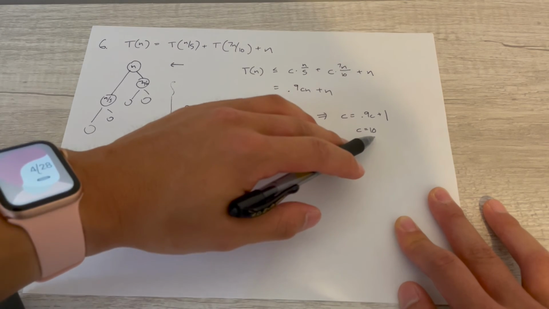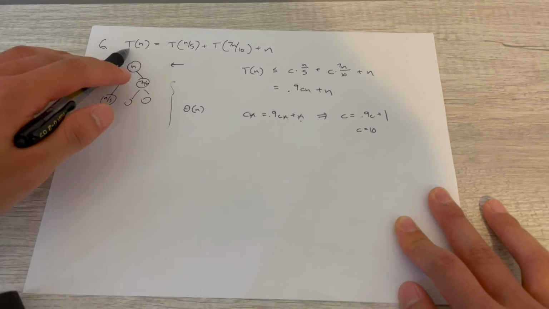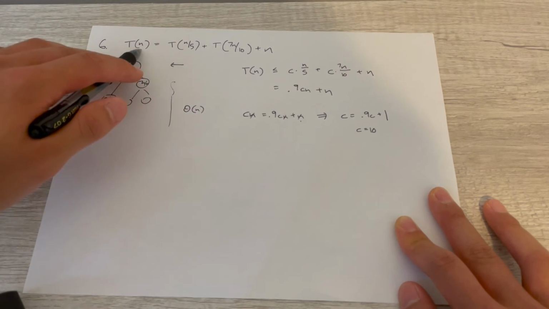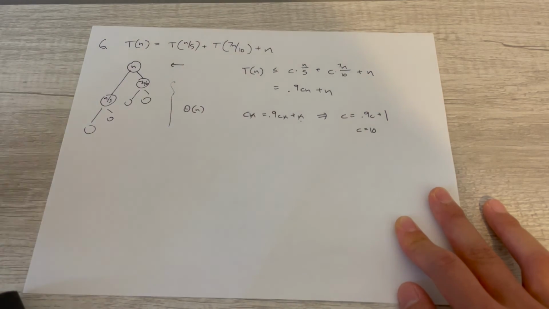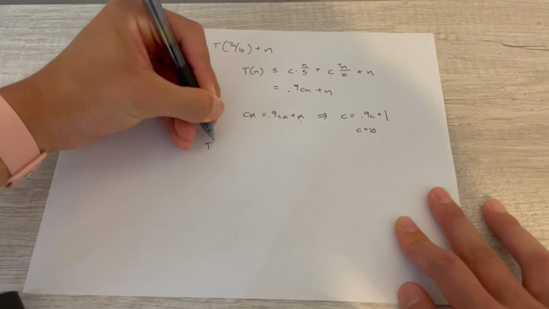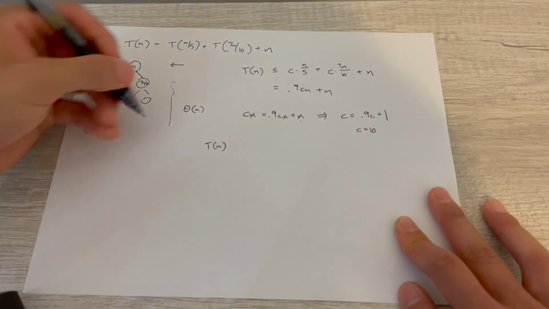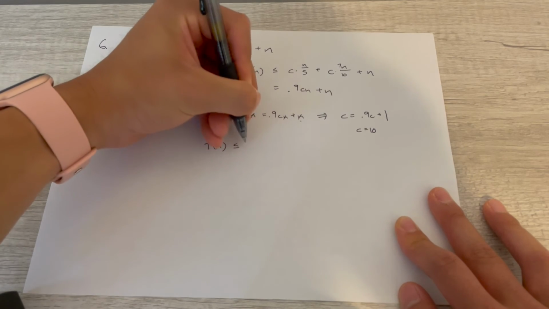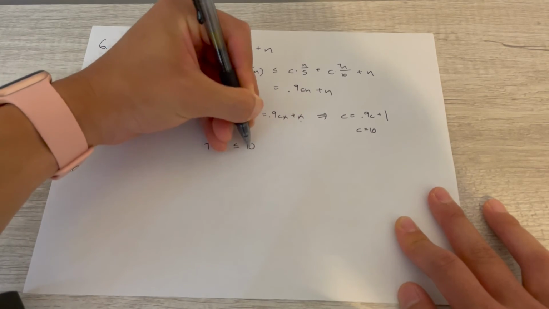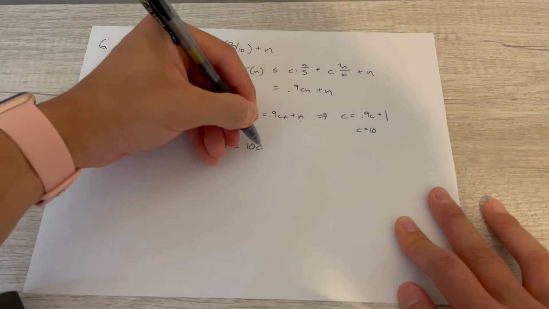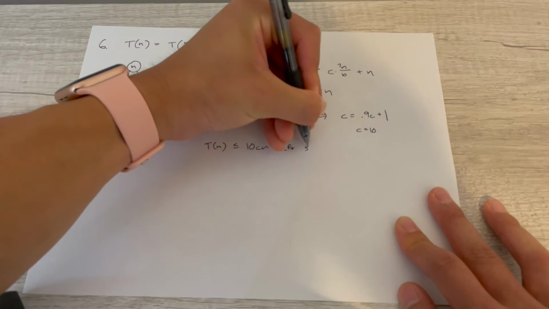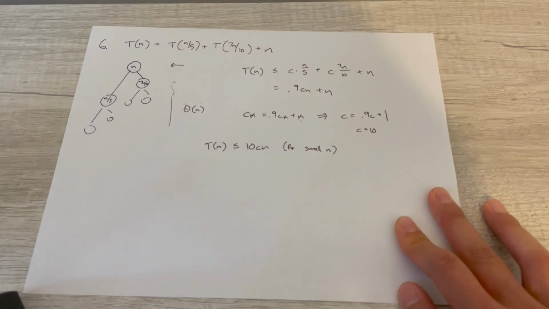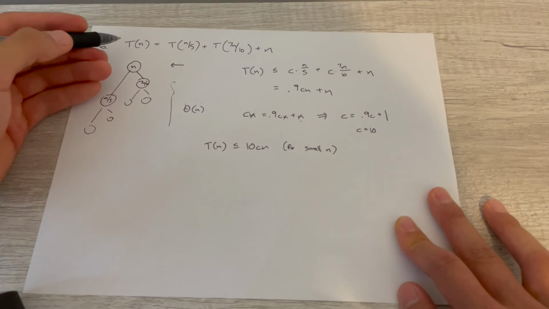Whenever c is at least 10, then we will have the fact that t of n will take at most 10n steps. And we can plug this in just to check. If t of n for all smaller n takes at most 10n steps, we can inductively show that this is true for big n as well.